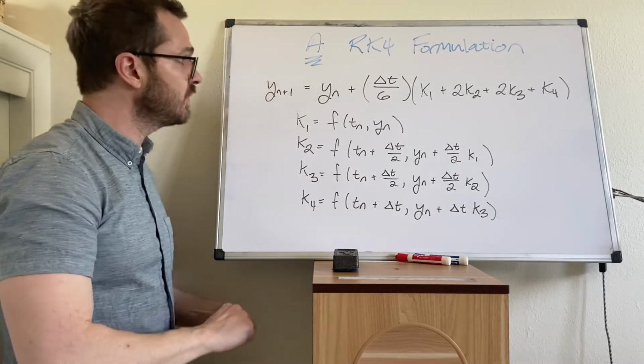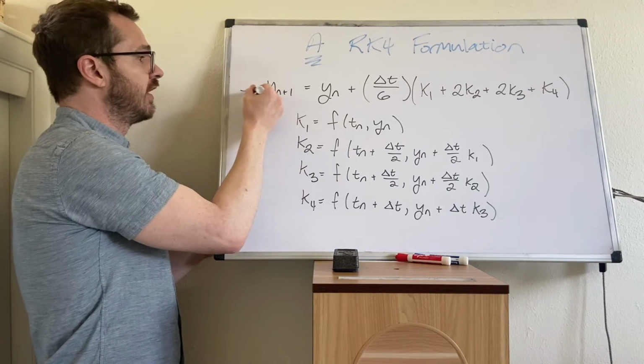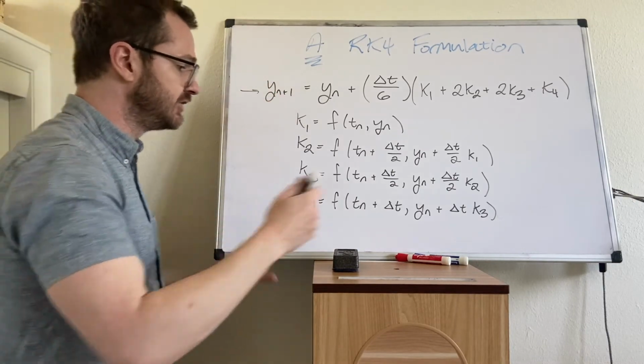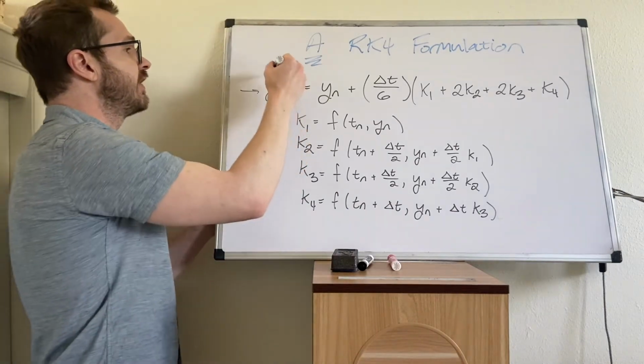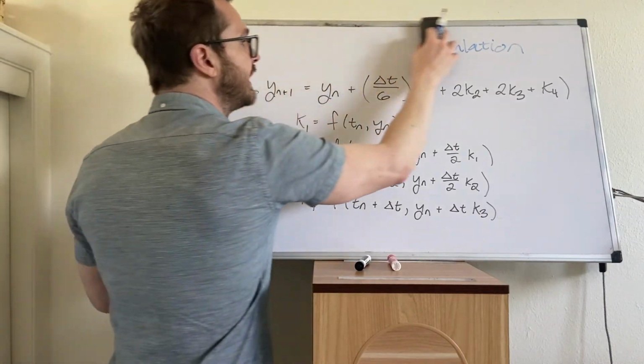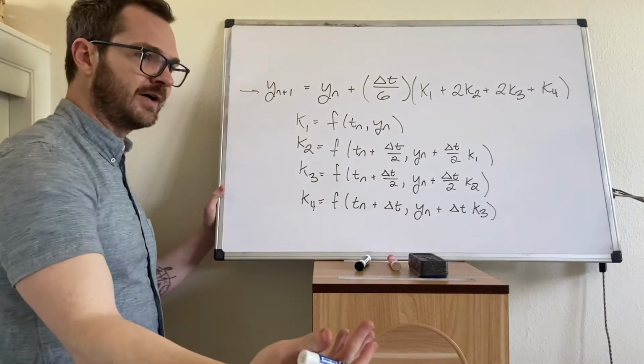Well, here is our Runge-Kutta equation. Just imagine that we're using state variables. So with state variables, we recast the system using a vector x.